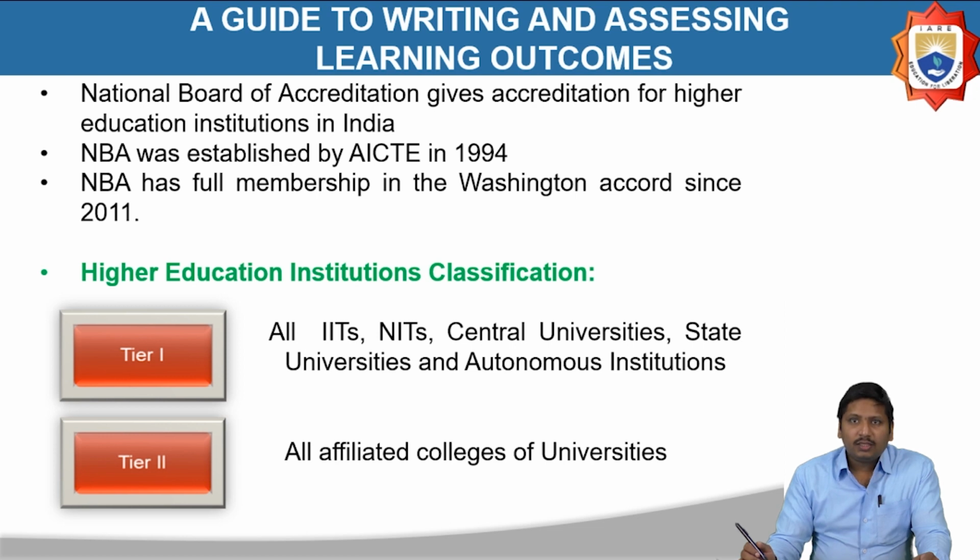These higher education institutions are classified into two tiers, tier 1 and tier 2. Under tier 1 come all IITs, NITs, central universities, state universities and autonomous institutions, and under tier 2 all the affiliated colleges of universities will come.